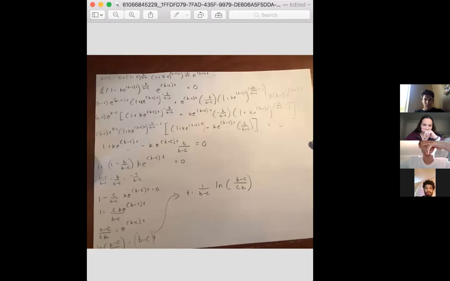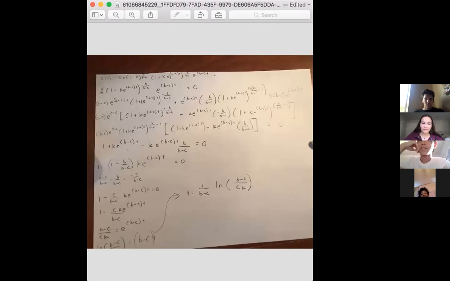So what you can do is factor out this to negative b over b minus c to a negative one, and then you get this form that you would just multiply by 1 plus k e to the negative b minus c t. It should be in the parentheses here.